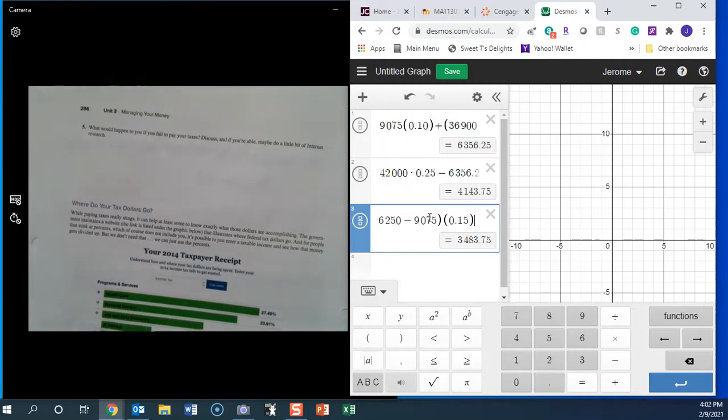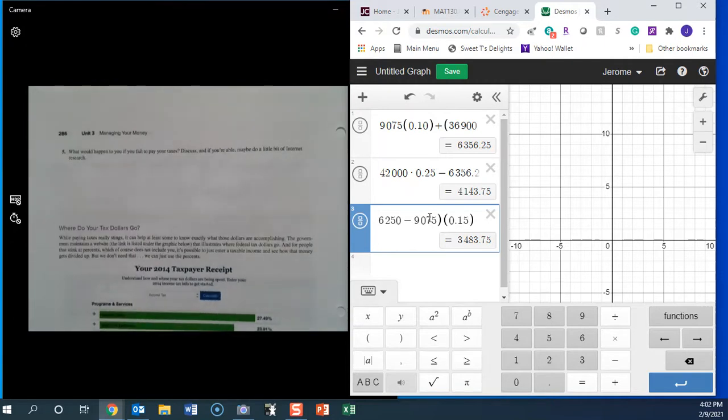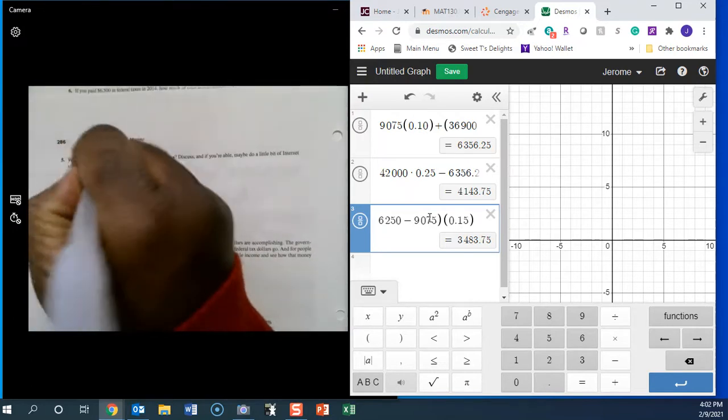Okay, it says here at the top, what would happen to you if you fail to pay your taxes? Discuss, and if you're able, maybe do a little bit of internet research. Here are a few things.